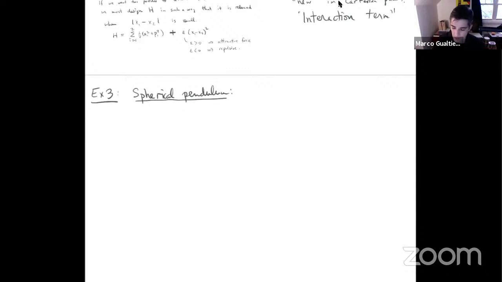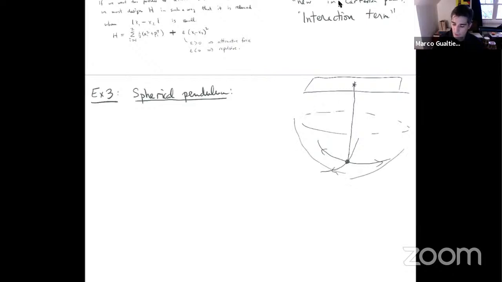The spherical pendulum is a fixed point on the ceiling, and I have a pendulum coming down into the room, and this pendulum can move in this direction, but also in this direction, and so really it's moving along an imaginary sphere of radius given by the length of the rope.